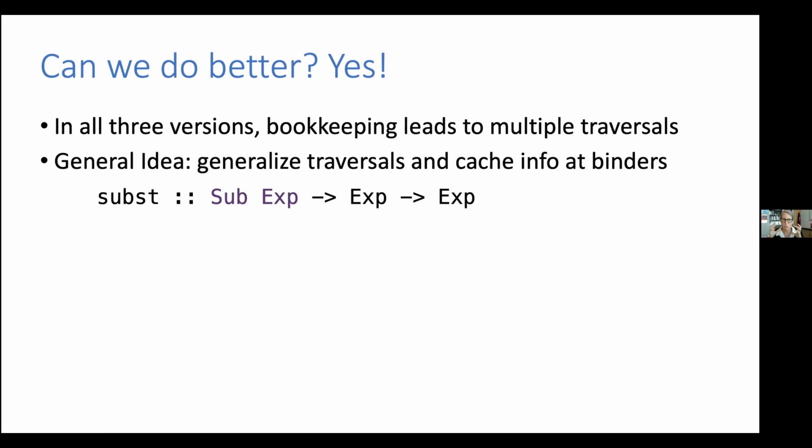So I'm going to work with this general idea. In all three of these versions, we had to do multiple traversals, either to rename bound variables or to shift indices or to exchange names and indices together. We had to do a bunch of traversals when we just wanted to do a substitution. Let's try to group it together and cache information so that we don't have to do so many. So what do I mean by that?